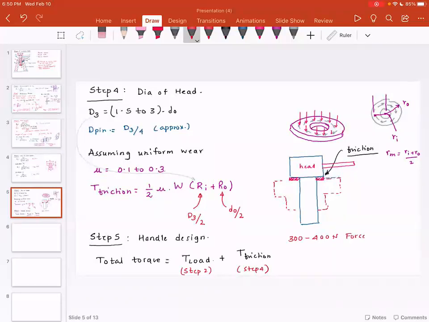So you can divide this total torque by, say, 400 newtons, and that will give you the length of the handle in meters. Now sometimes you want to find out the size or the dimension of the handle.